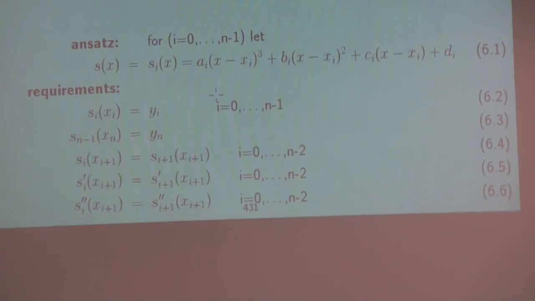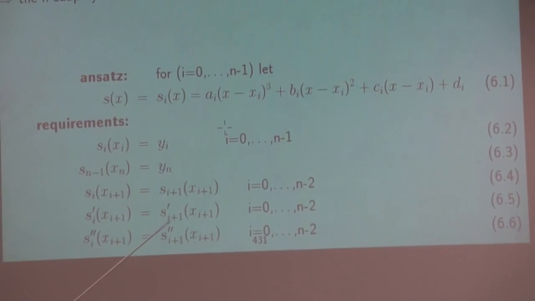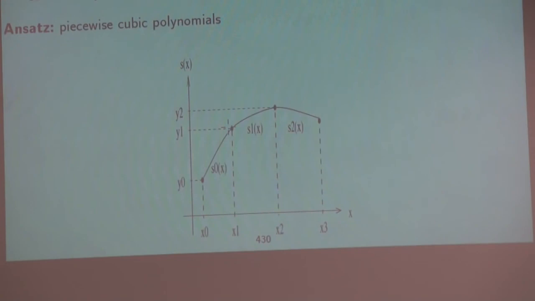Okay, now let's go into the math. So we have these points, numbered from 0 to n. Look, x0 through x3, but our splines are S0, S1, and S2.